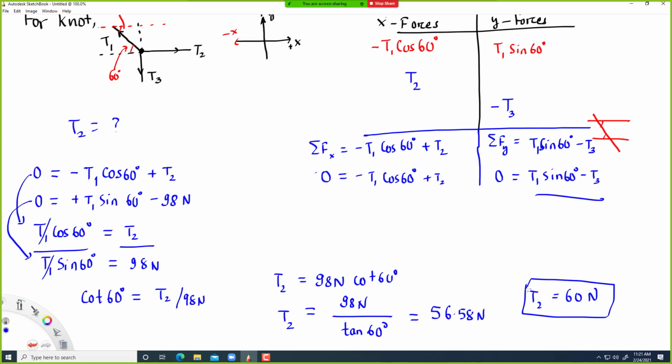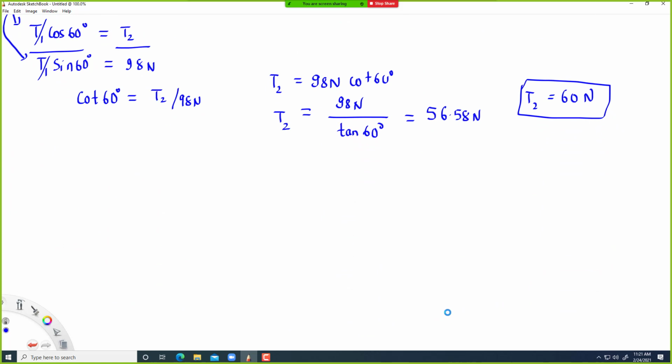Let's look at number 3. I want you guys to draw the free body diagram for this one. Try to draw a free body diagram.